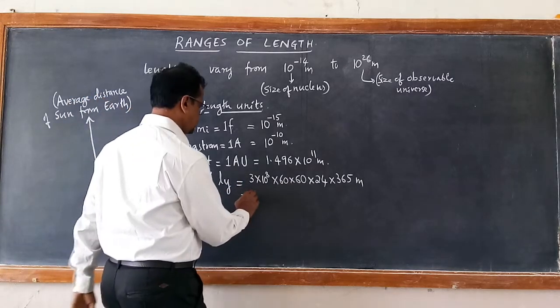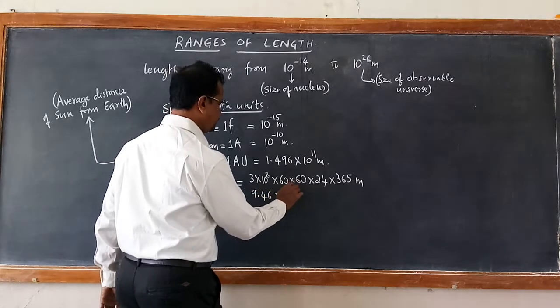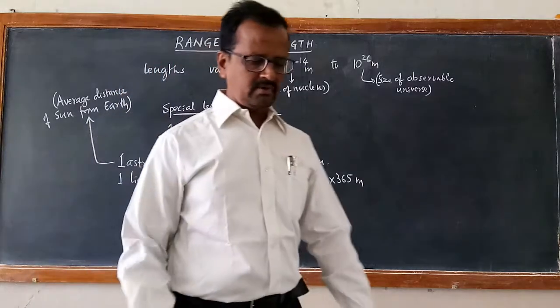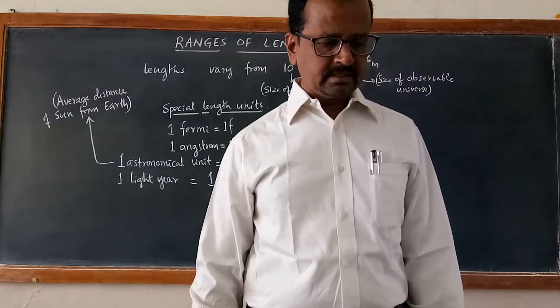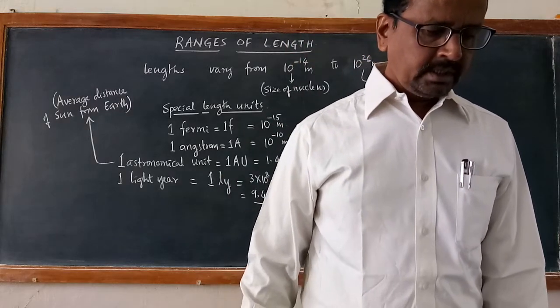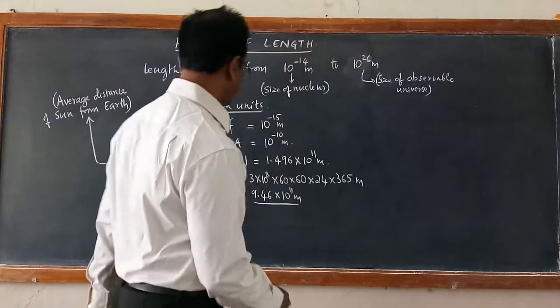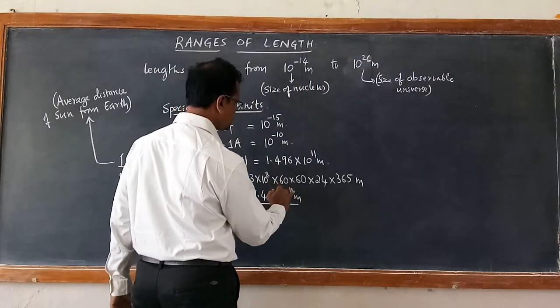This is equal to 9.46 into 10 to the power of 15 meter. You can verify this result. It is not 11, it is 15. Here I was getting confused.